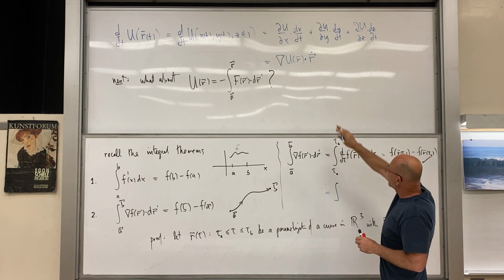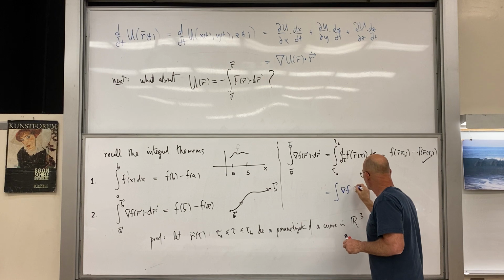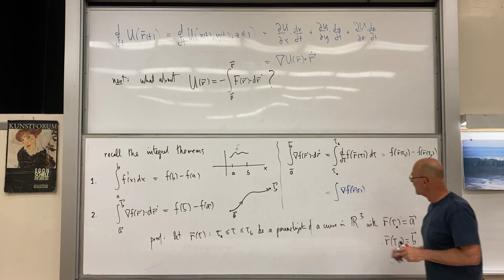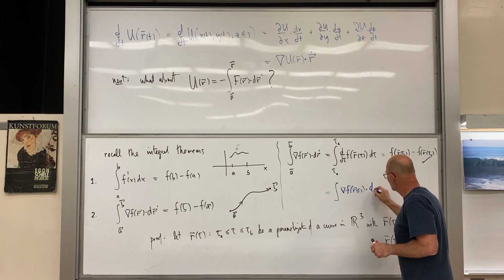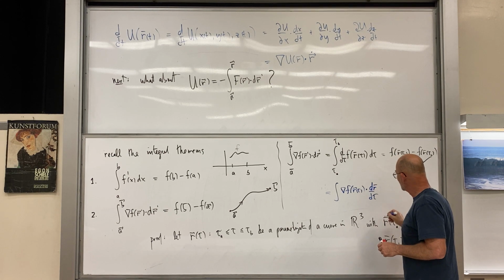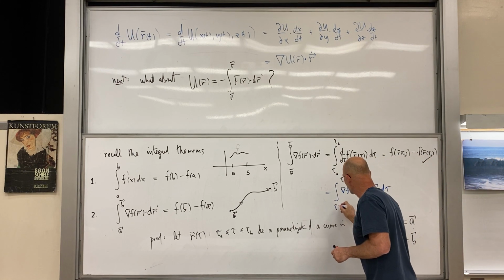So this here, by the calculation up there, is the gradient f of r of tau, gradient dotted into dr d tau.